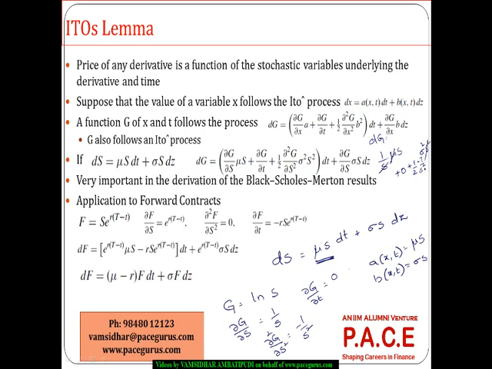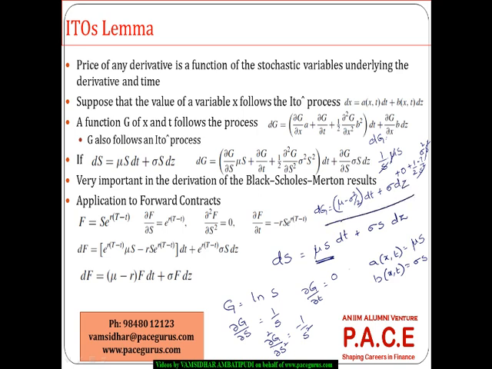Okay, s squared is going up, minus sigma squared by 2. Right, so dg is coming out to mu minus sigma squared by 2 dt plus dou g by dou s, which is 1 by s, sigma s ds, which is sigma dz.